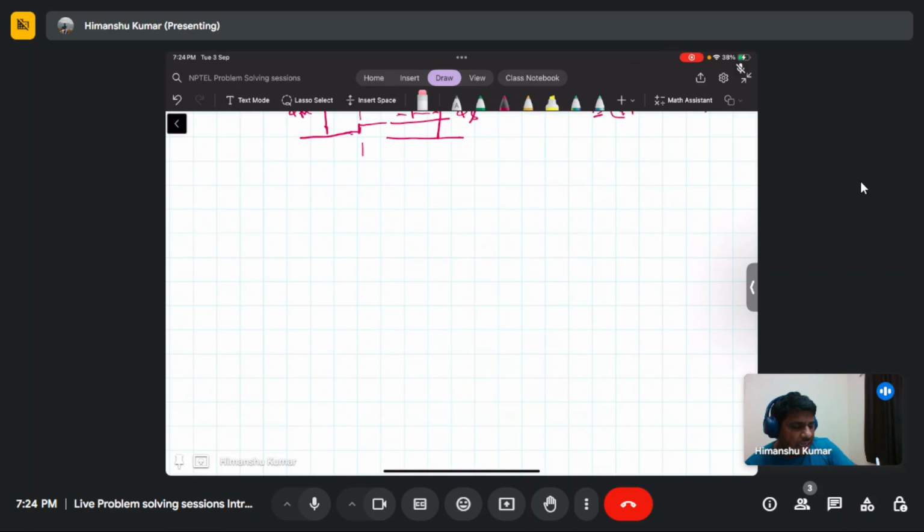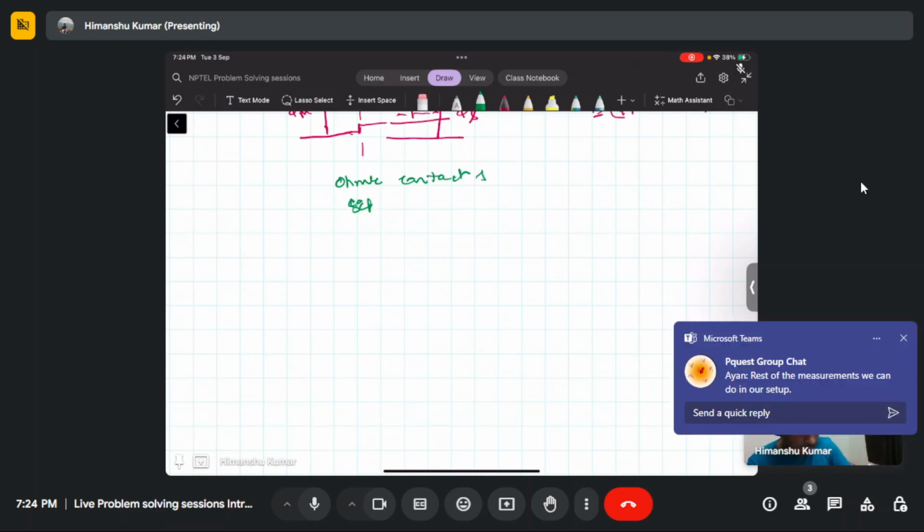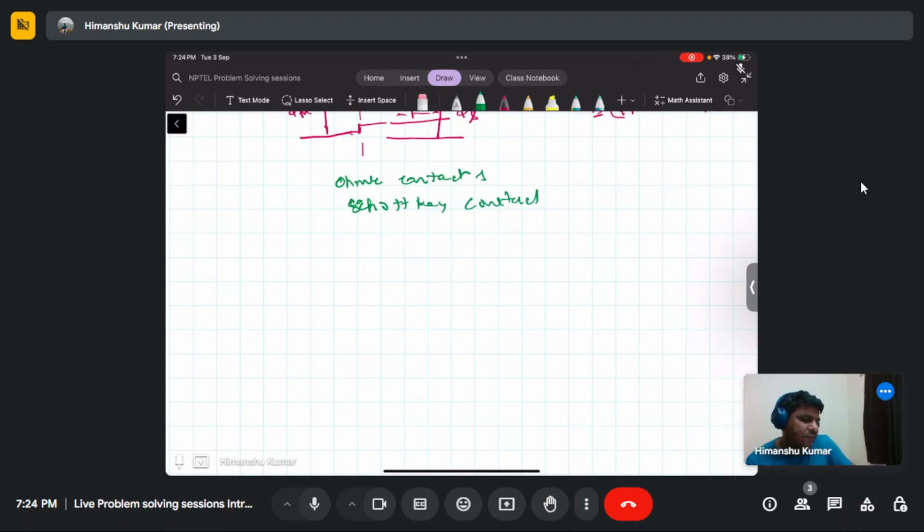One is ohmic contact, or Schottky contact, which is also known as rectifying contact. The rectifying contact conducts current in only one direction, and ohmic contact conducts the current in both directions.